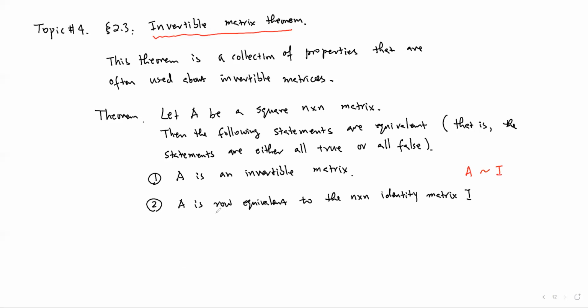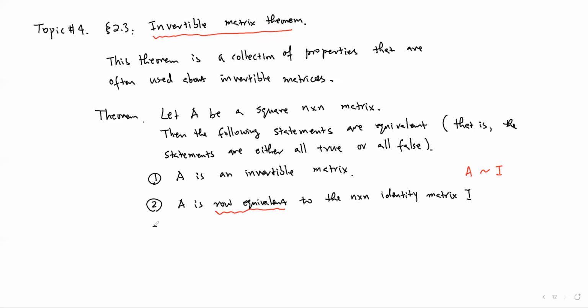Here, row equivalent means that we can perform a sequence of row operations on A and reduce A to the identity matrix. So these 2 statements are equivalent. If statement 1 is true, then statement 2 must be true.